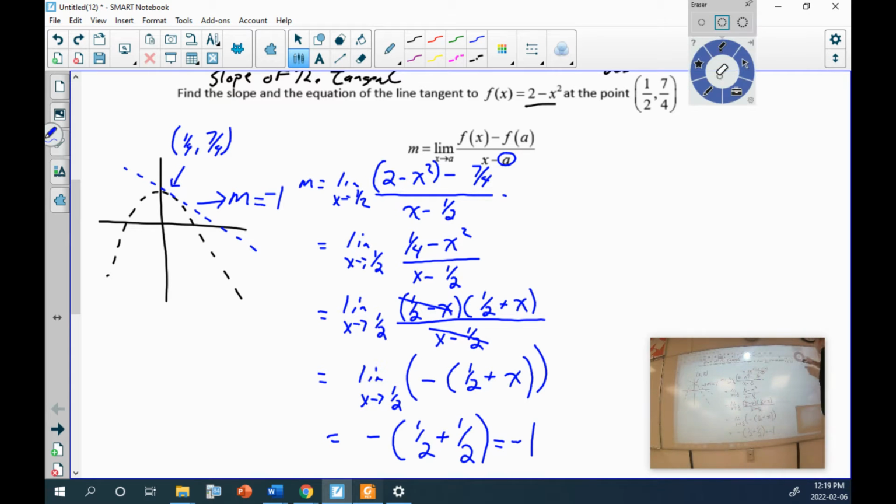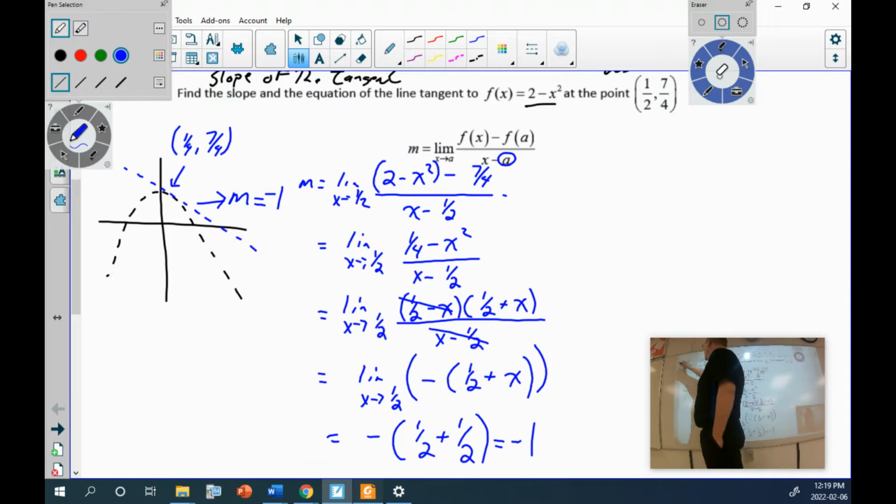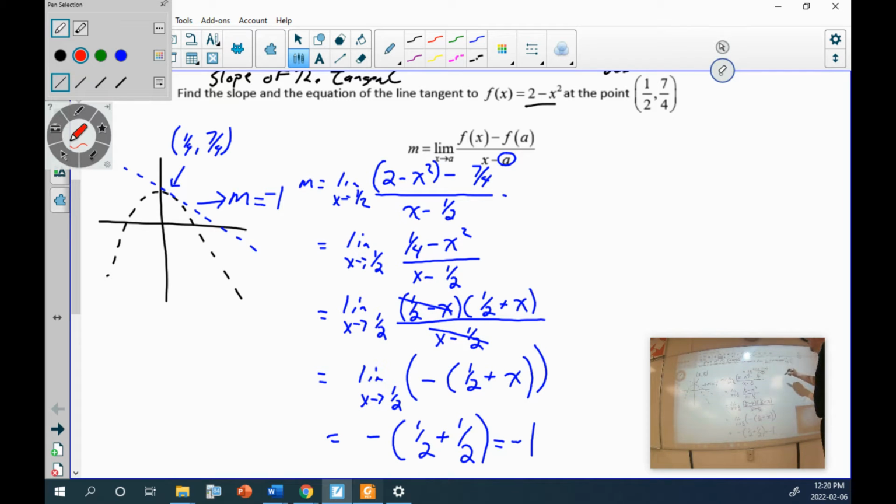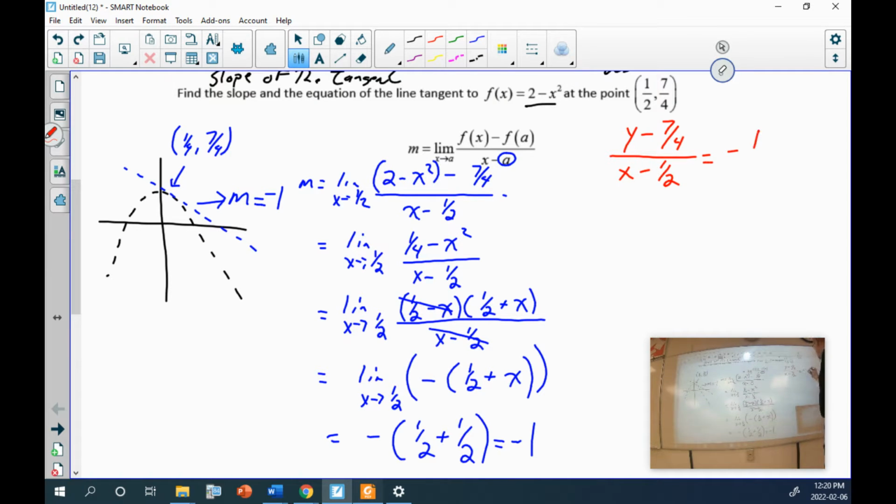We need the slope and one point, and that's what we have. So our slope will be y minus 7/4 over x minus 1/2, and that would be equal to negative 1.